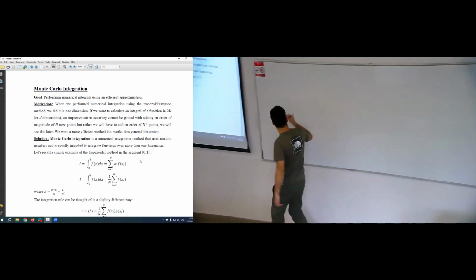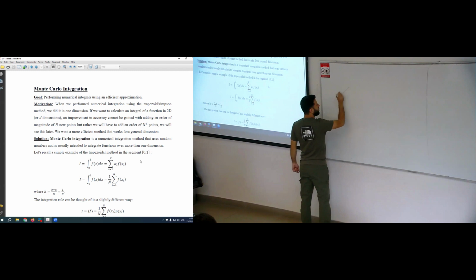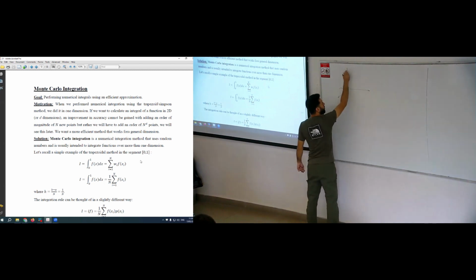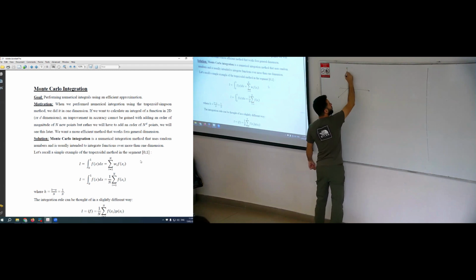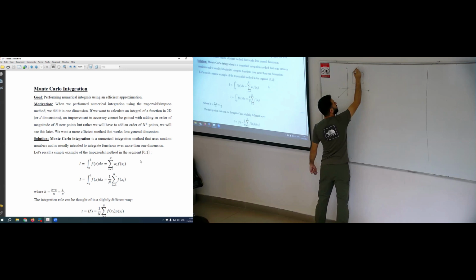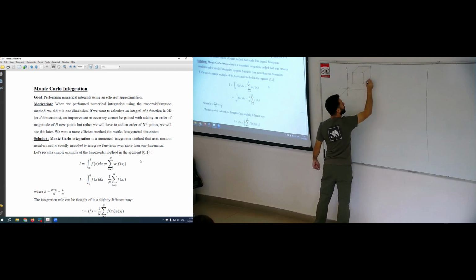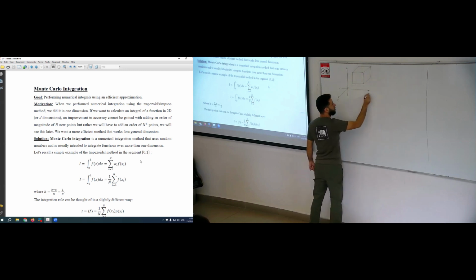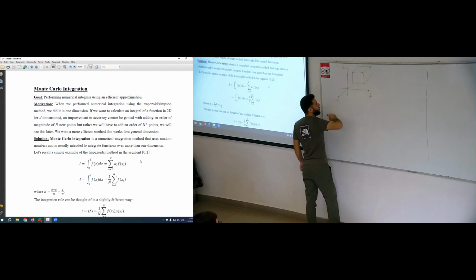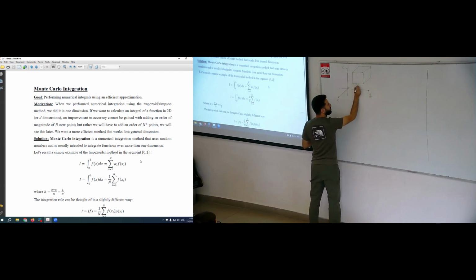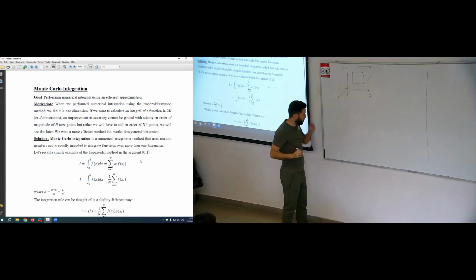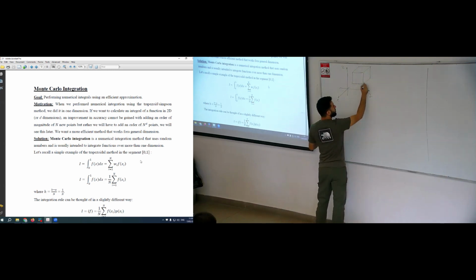Because, for example, in 3 dimensions, if I want to perform an integral over this region, x, y, z, I have to make a segmentation on the x axis, on the y axis, and on the z axis.